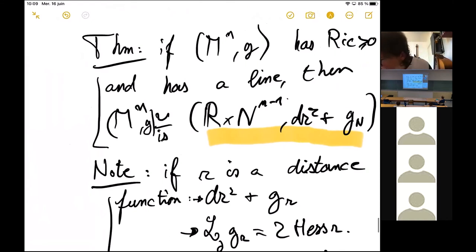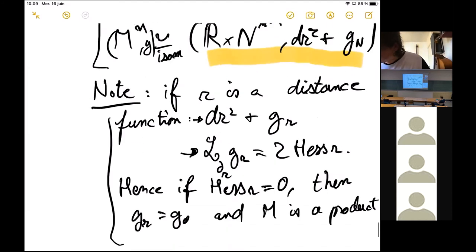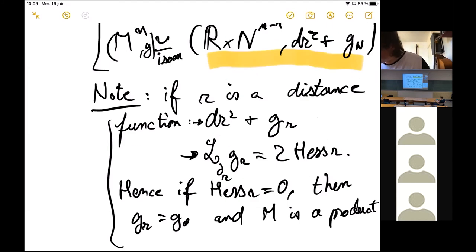So here this twiddle is an isometry. So thanks Chunming and Dimitri. And yes, this is an isometry because we have built a product metric here of one flat factor R and something fixed. Okay. So now we need to find the distance function which has vanishing Hessian. Okay, so how do we do that?